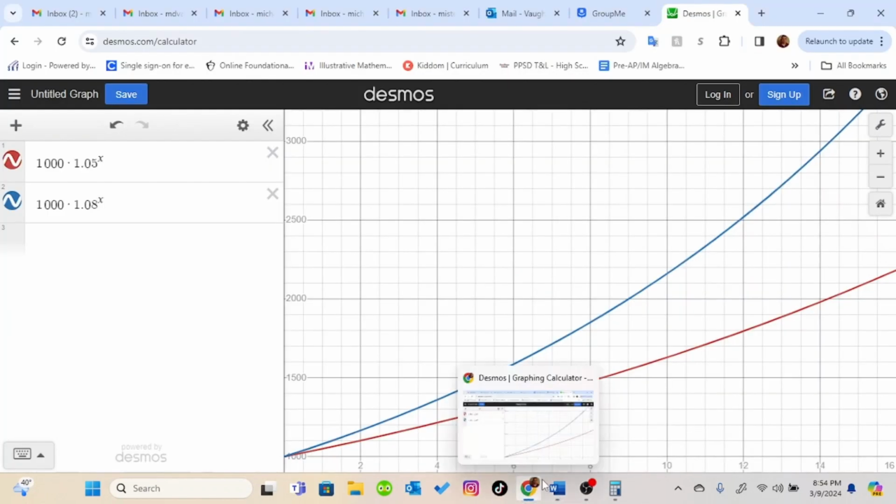Now what I did was use Desmos.com calculator. You can see that the 5% interest is the red line and the 8% interest is the blue line. You can see they both start at $1,000.